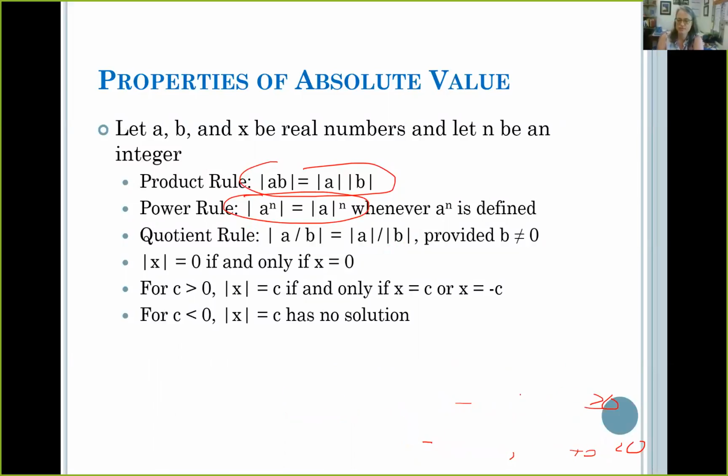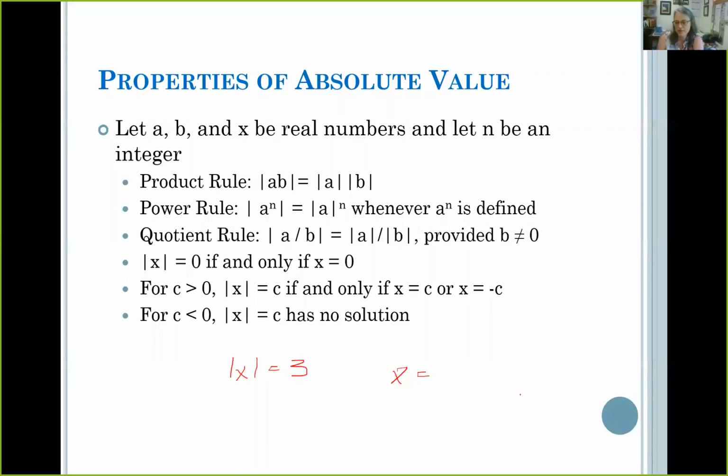What else do we know? Let's talk about absolute value equations. If you've got the absolute value of x equals some number bigger than 0, like the absolute value of x equals 3, there are two numbers that have an absolute value of 3.